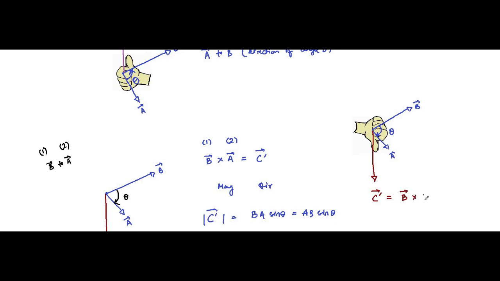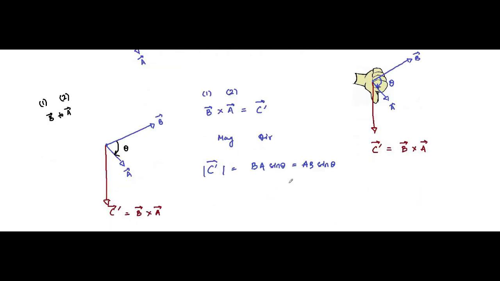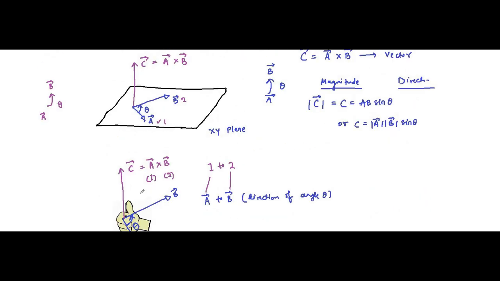So the order in which the vectors are multiplied using cross product determines the direction of the resultant vector, but it has no impact on the magnitude. The magnitude is the same. Here, with the same right hand inverted downwards, the direction in which the fingers curl rotates B vector into A vector, whereas in the first case it is rotating A vector in the direction of B vector.